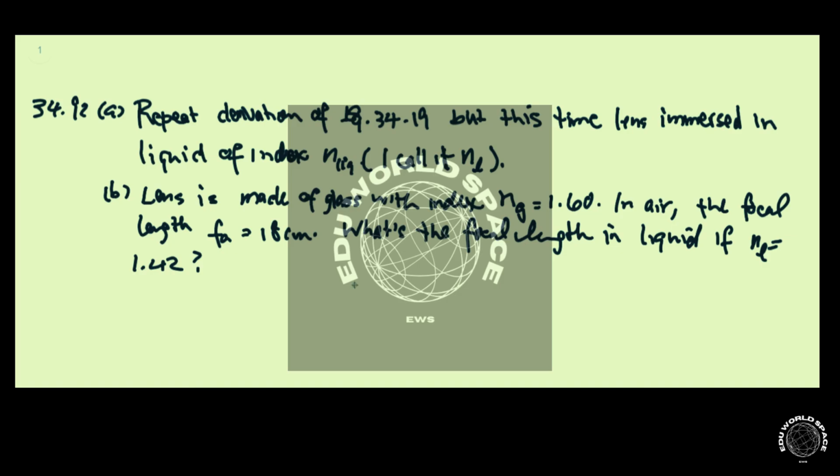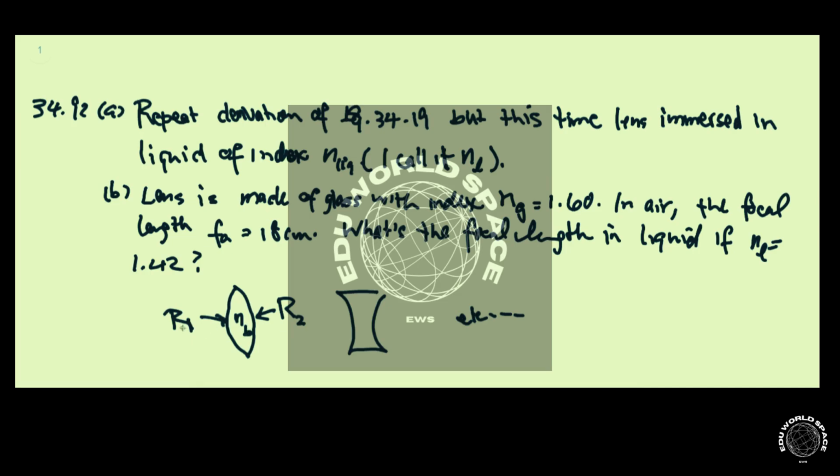So in order to tackle part A, we have a thin lens. It can be a converging lens or diverging lens or meniscus lens or whatever. But the main point to note is that it has two radii of curvature, R1 and R2, and these surfaces share an interface with some other medium.